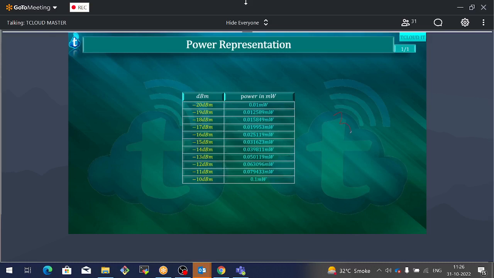Actually, one important thing about 3 dB. 3 dB is a very important factor in telecommunications. Every 3 dB, power will either be doubled, or halved if you're talking about the opposite case. How is that? Just take a look at it. The difference between 10 dBm and 13 dBm is 3 dB.